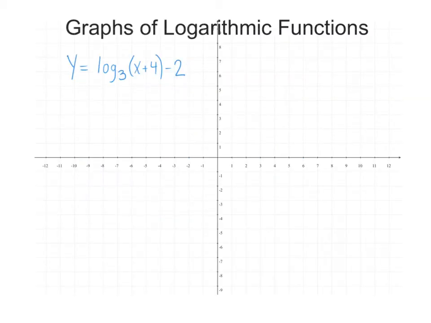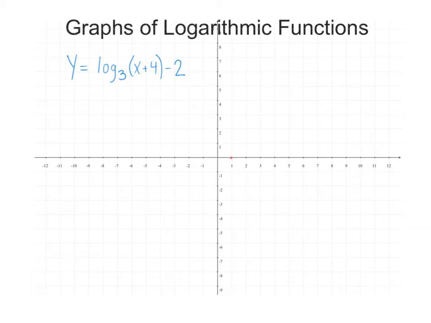Okay, so back to the graphs. These graphs are going to shift and stretch and flip just like any of our other graphs. So it's kind of like when we graphed exponentials. You want to have an idea of the transformations that get that graph where it is, but when it's all said and done, you also want to check some x values and make sure that your graph is going through the right spots. So I'm just going to sketch log base 3 of x lightly.